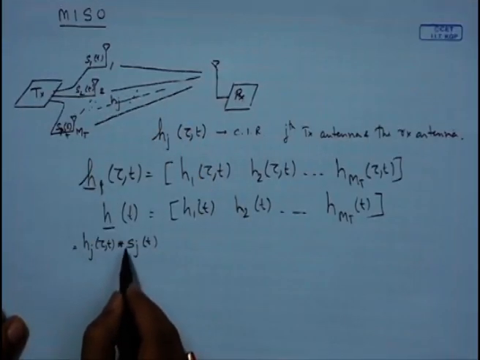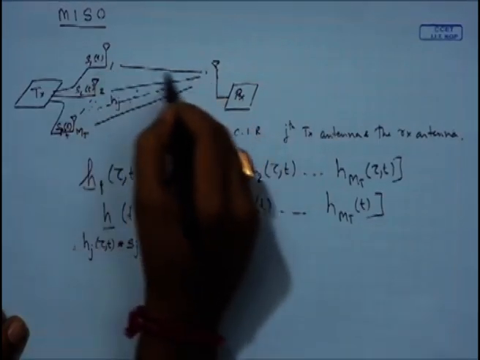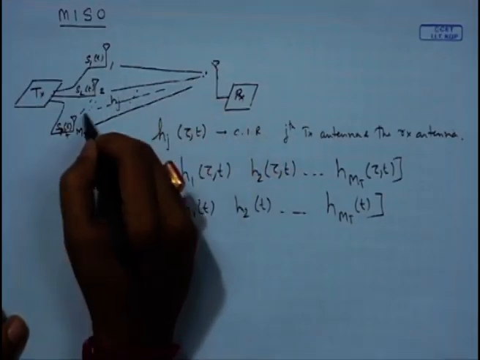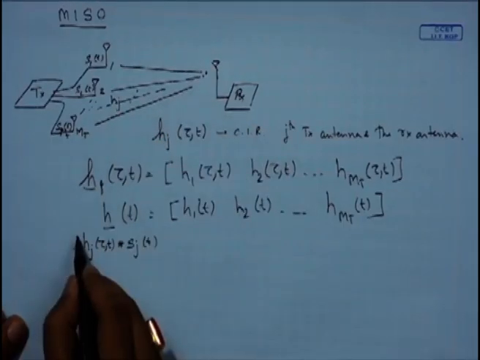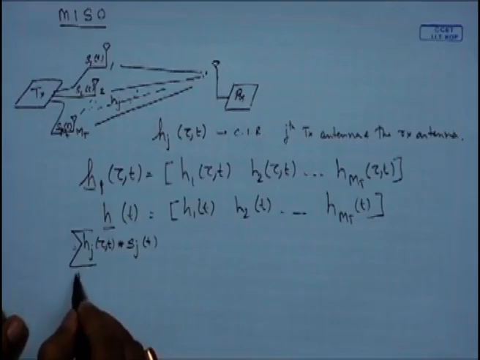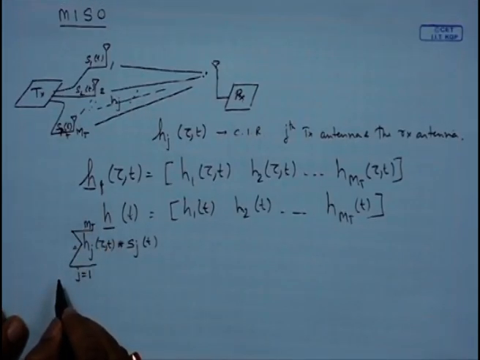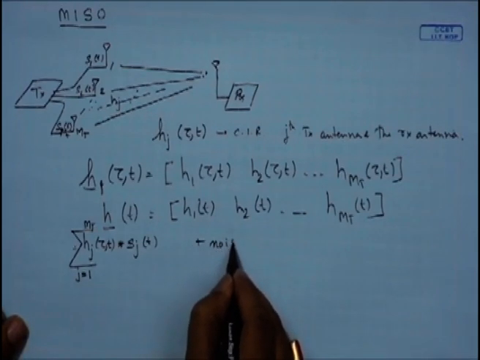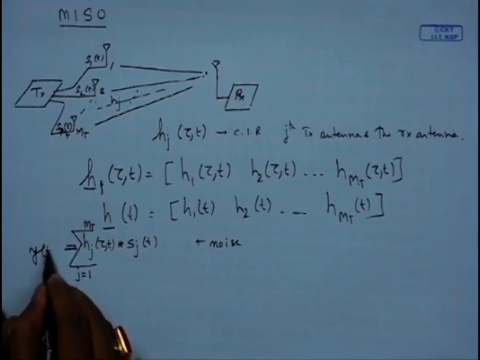And then at the receiver, the signal that is transmitted from the first antenna is getting added to the signal which comes through this path, is getting added to the signal that comes through this path, is getting added to the signal that comes through that path. So we have a summation over j equals 1 to MT, right? And of course there is some noise. Okay, so this is the received signal y of t.